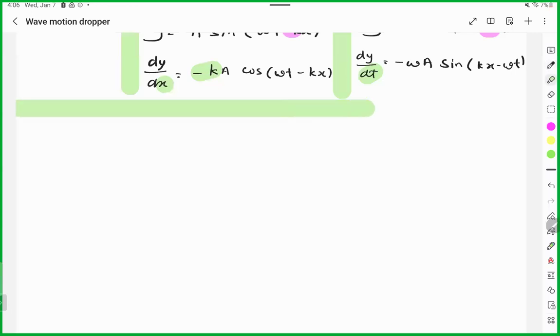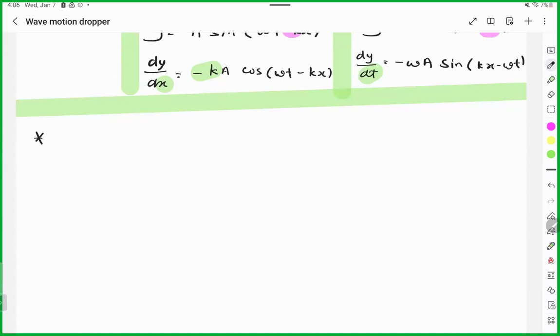So if we understood this well, then we can do further things. Anvita, if I write velocity is equal to omega by k, is this correct?